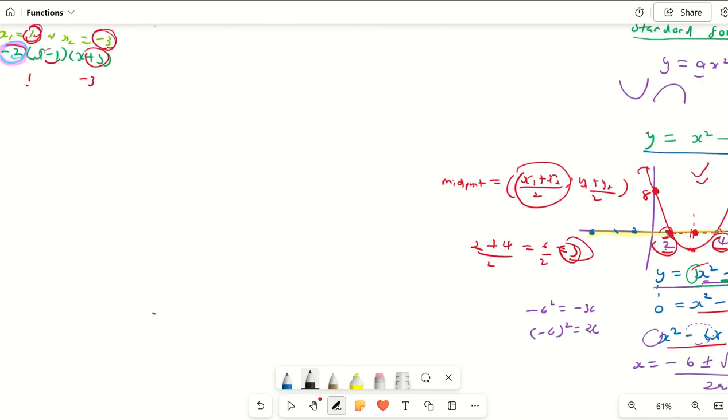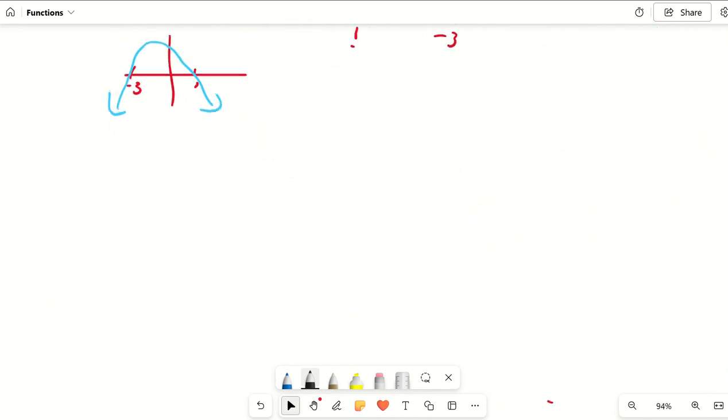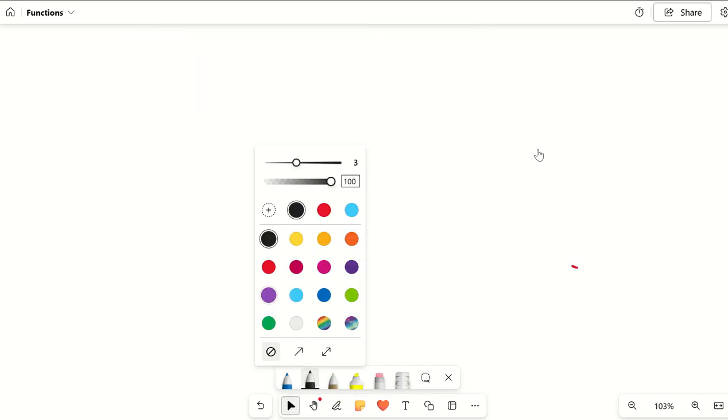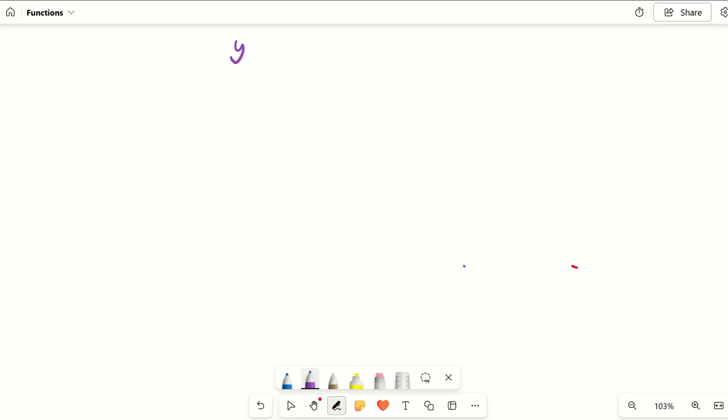We're going to use the same example. So I've got y equals x squared minus 6x plus 8. Almost butchered it again.